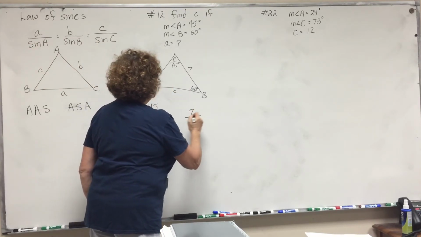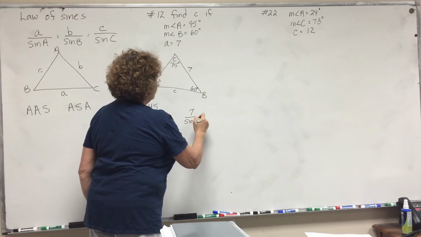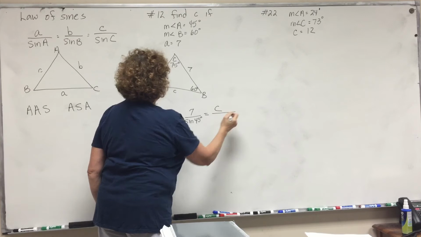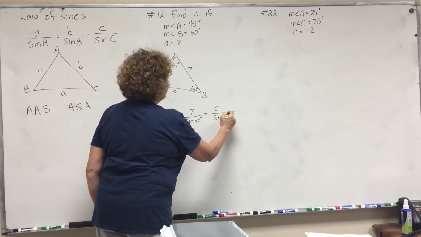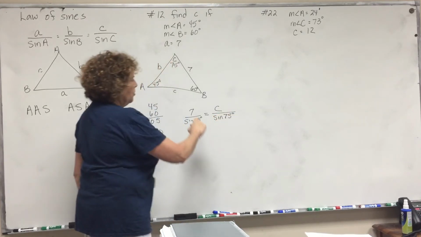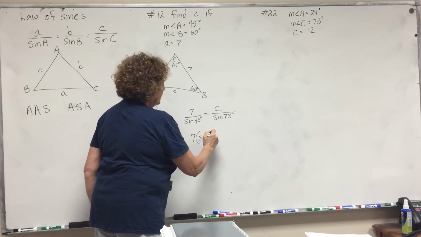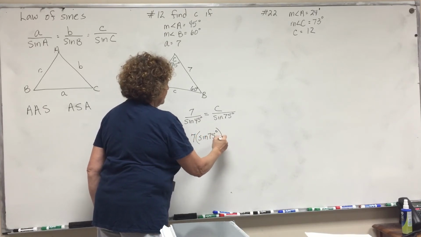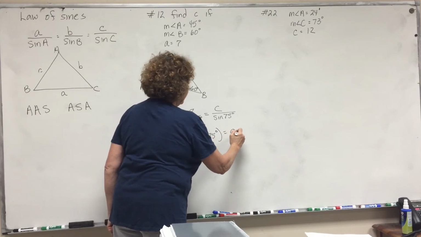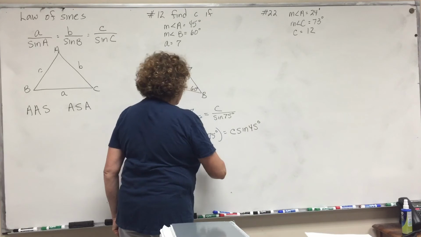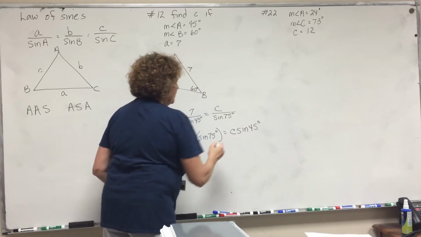7 over the sine of 45 degrees equals c, which is what we're looking for, over the sine of 75 degrees. So we know to cross multiply. 7 times the sine of 75 degrees equals c times the sine of 45 degrees. So we can solve for this.